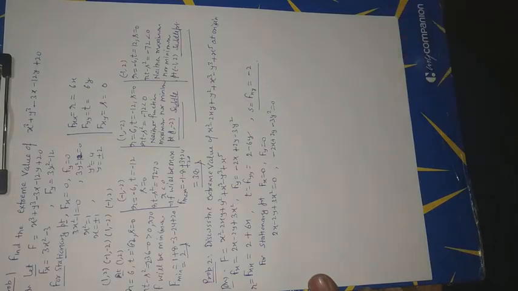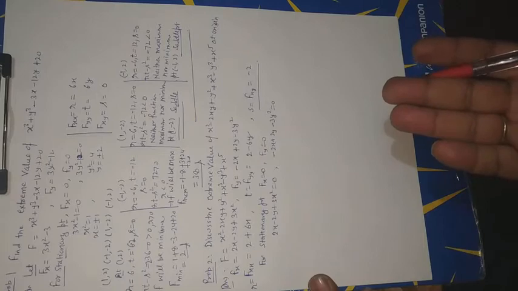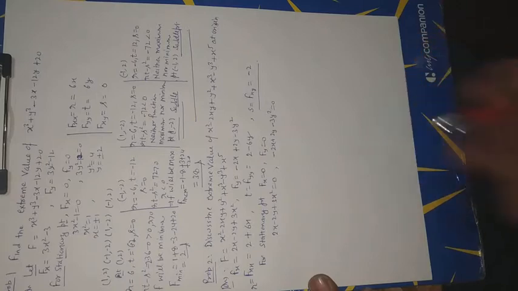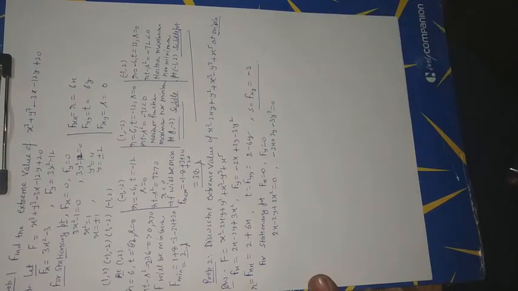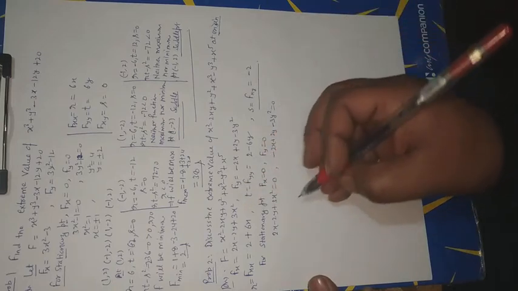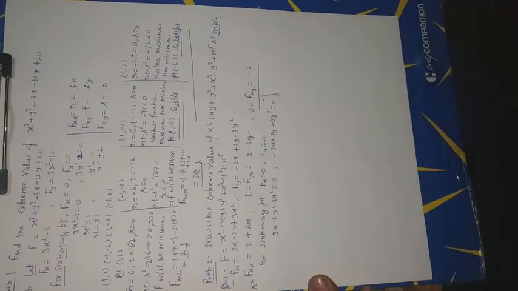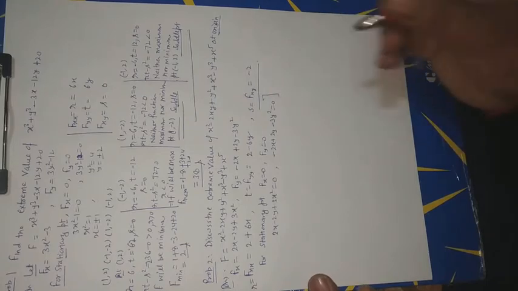Now it is not necessary to evaluate the stationary point, since the given point is the origin where we determine the extreme value of the function. So it is not necessary to determine the stationary point.